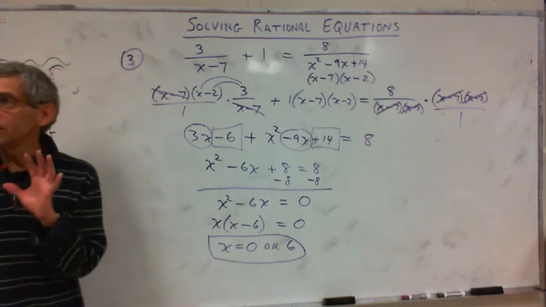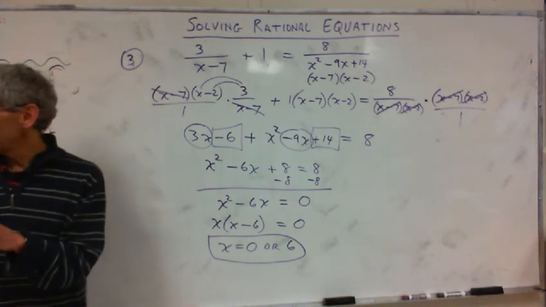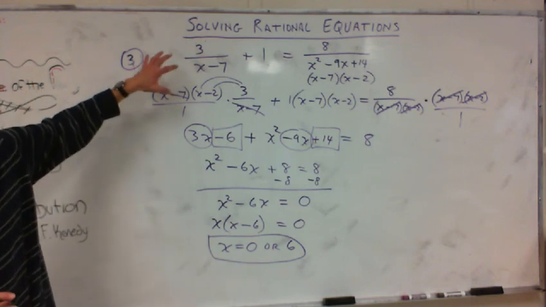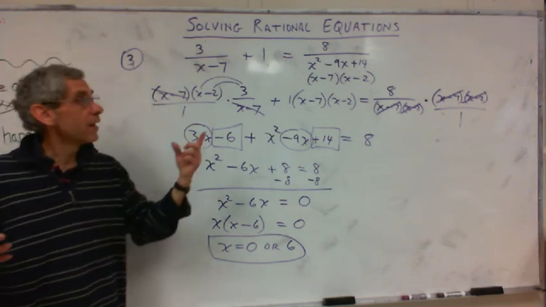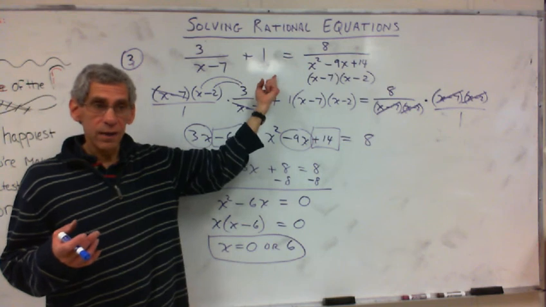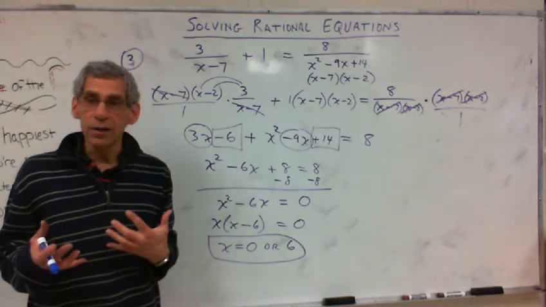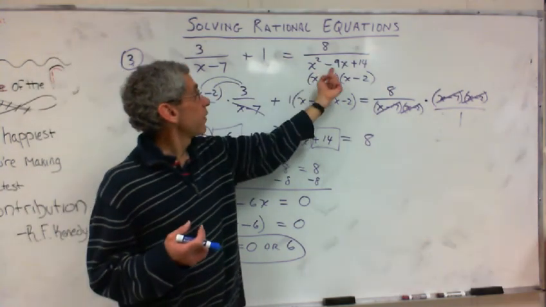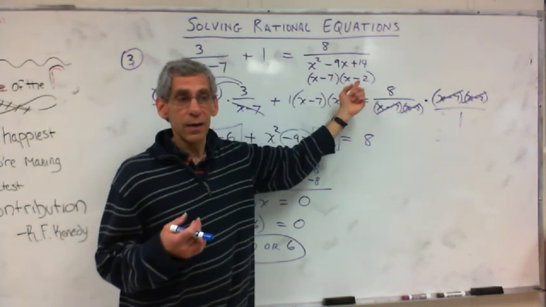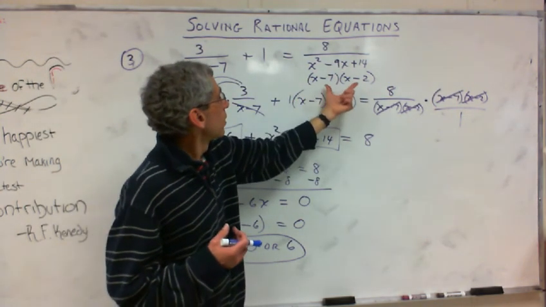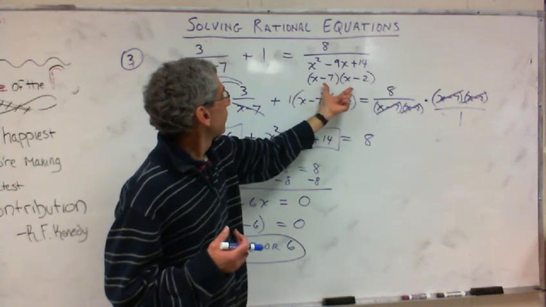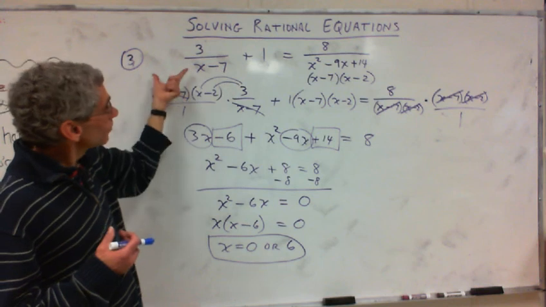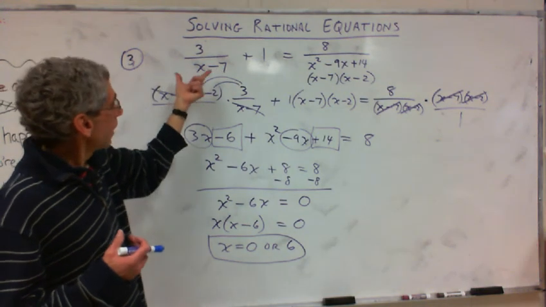So let's just do a quick review of what we did, okay? We have an equation that has fractions. We have to figure out what the common denominator would be. In order to do that, we have to factor anything that's not factored, right? And then we look at it, like there's x minus 7, x minus 2. This one has the x minus 7, but it's missing the x minus 2, so that would work.